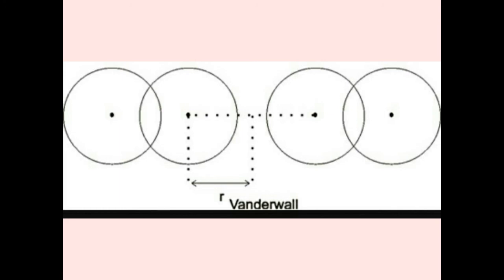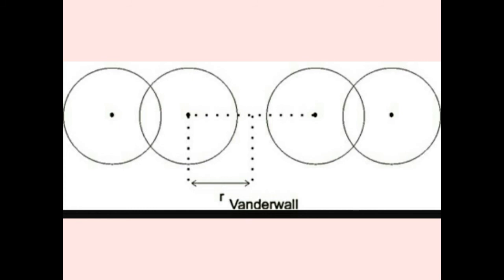These two molecules are coming close to each other, and when they get their maximum closeness, why am I saying maximum closeness, because after a certain closeness further closeness is not possible, because if we try to keep them closer then there will be repulsion between them.